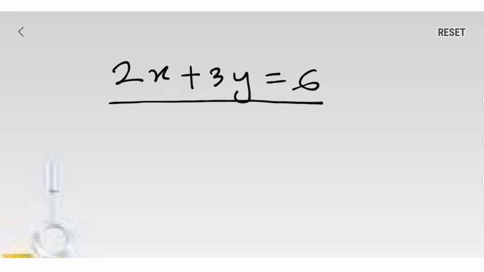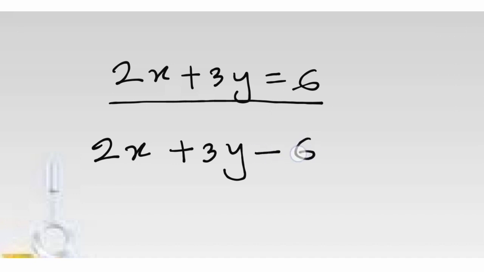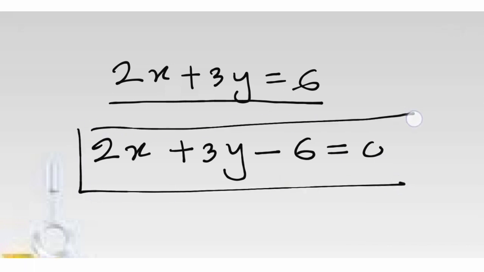Standard form means first we should write x term and then y term, then constant term. Equal to 6 means if we take this 6 into the left side, it will be minus 6. Okay, then equal to 0. Understood? Now this is in standard form because first x term, y term, then constant term, then equal to 0. Understood?